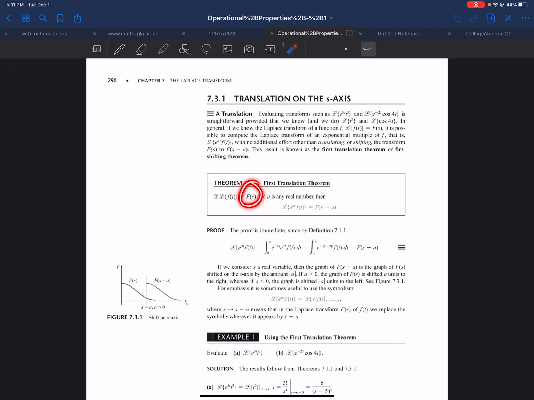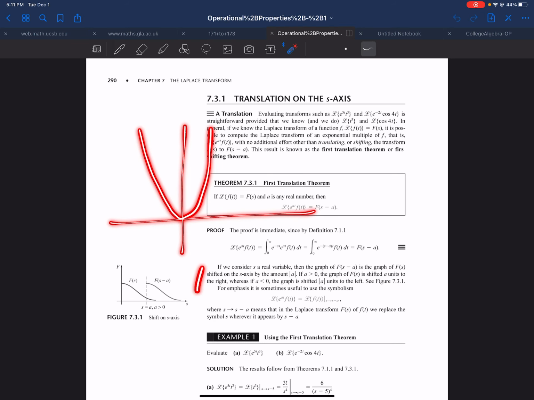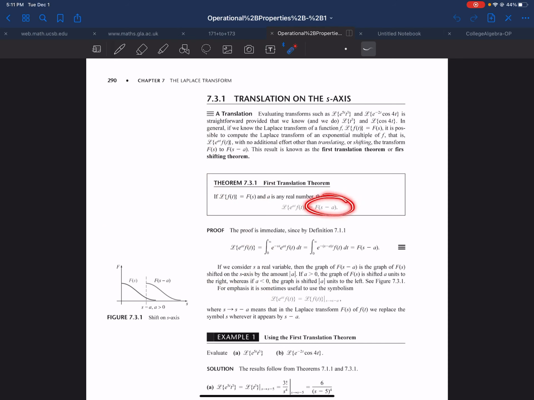So it normally would be F of s, and now it's F of s minus a. If this is x squared and you did x minus 3 squared, you would just move it over 3. This just shifts, and that's why it's called a translation, because multiplying by e to the at actually shifts the function over in the s domain. The proof's pretty easy.